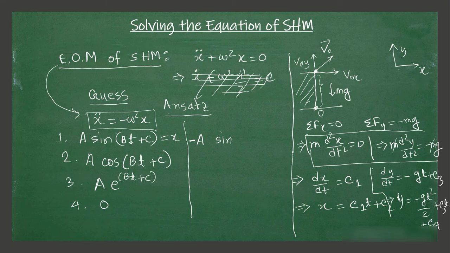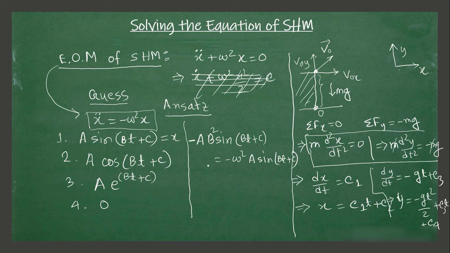Well, as there's a constant in front of t, you should get b here for the first derivative, and for the second derivative you should get b squared, okay? And here bt plus c. And at the right hand side you should get minus omega squared, which is constant, and you just simply put this value of x, which is a times sine bt plus c, okay?